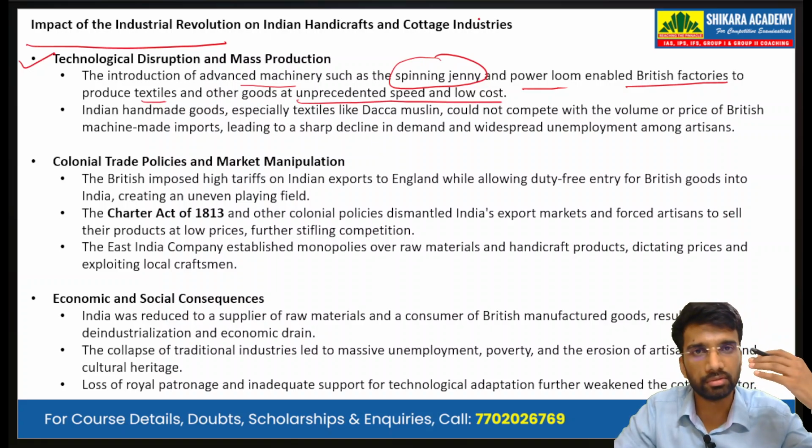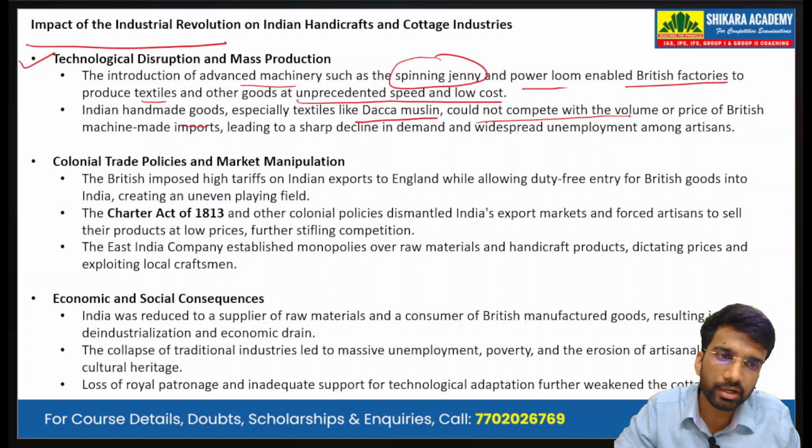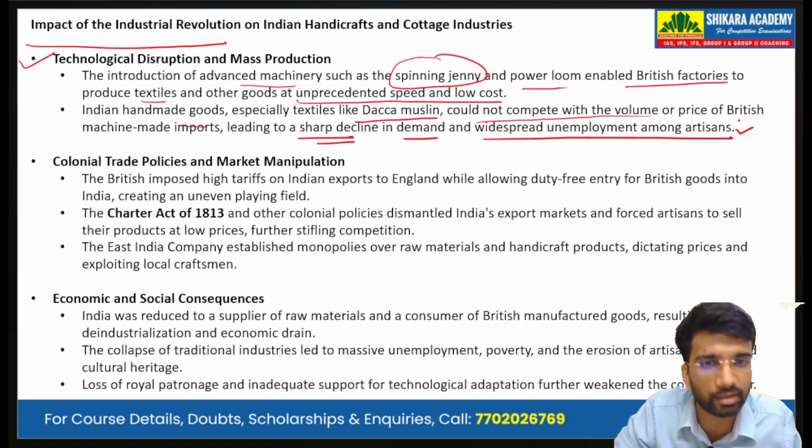So the speed of production increased and the cost of production came down. Indian handmade goods, on the other hand, especially textiles like the Dhaka muslin, could not compete with the volume or price of British machine-made imports, leading to a sharp decline in demand and widespread unemployment among the artisans.